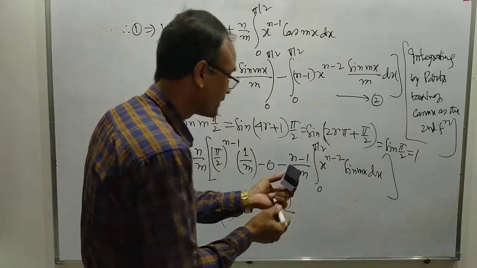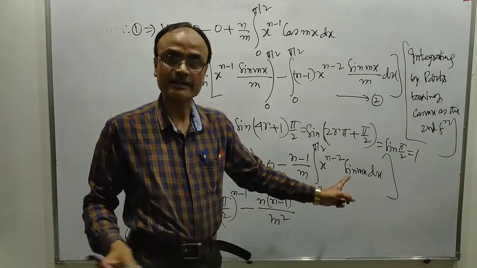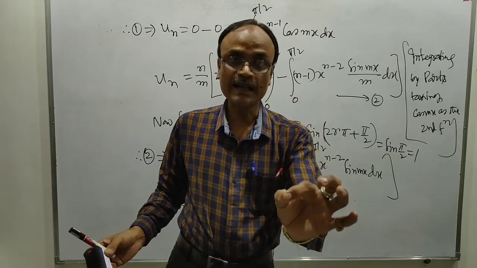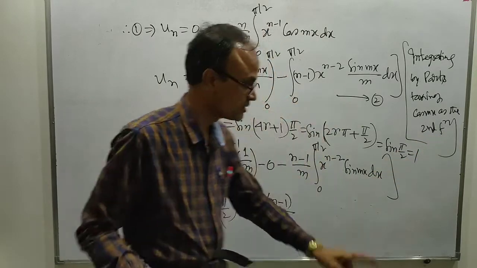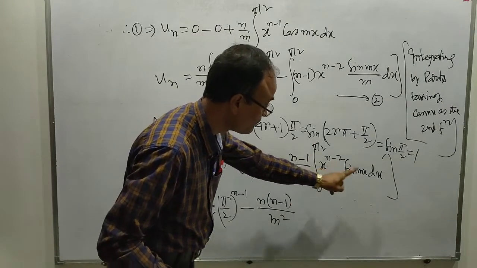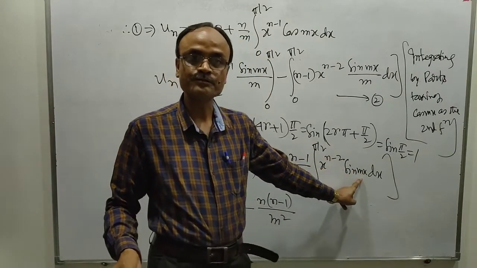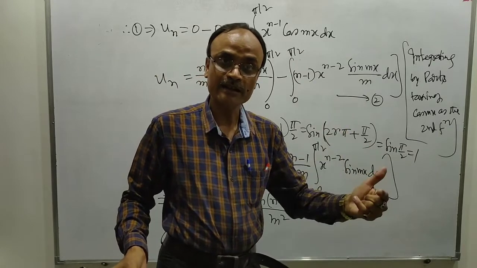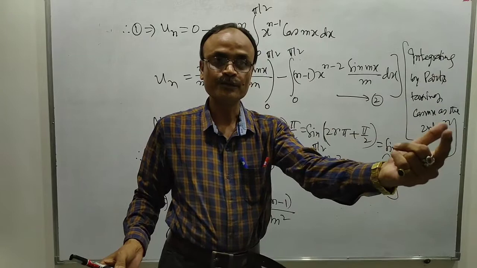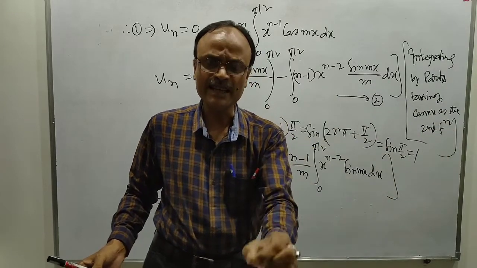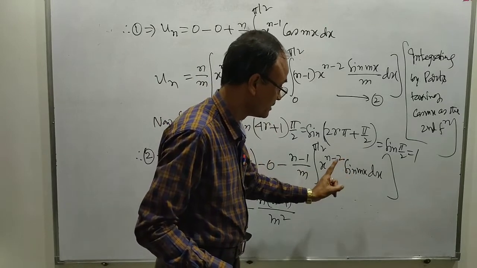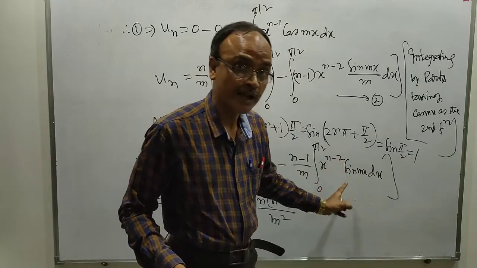Now you see, what is u_n? u_n equals integration 0 to π/2 x to the power n sin mx. You see here, x to the power n minus 2 sin mx. If u_n denotes the integration 0 to π/2 x to the power n sin mx dx, then this will definitely denote u_(n minus 2).